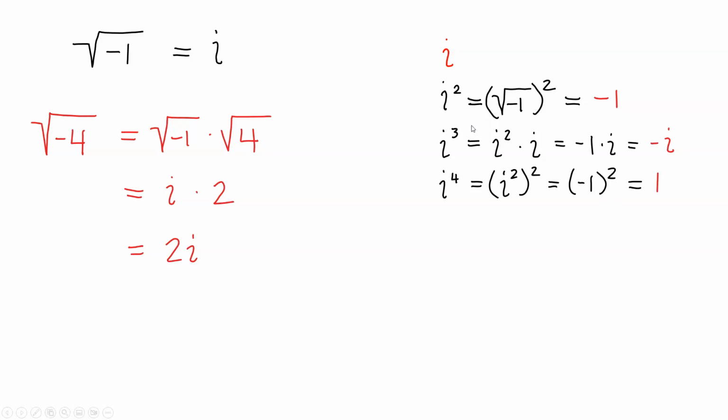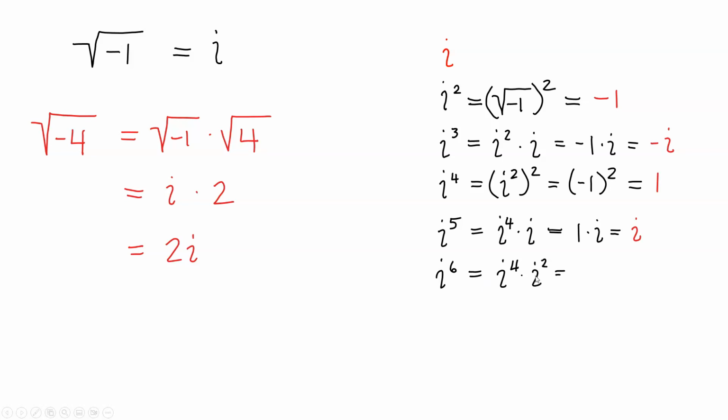The reason why these are done is because if I just take various powers of i, these four values are going to repeat. If I do i to the fifth, I can write that as i to the fourth times i. i to the fourth is just 1, and I would get i again, starting back here. i to the sixth is very similar.